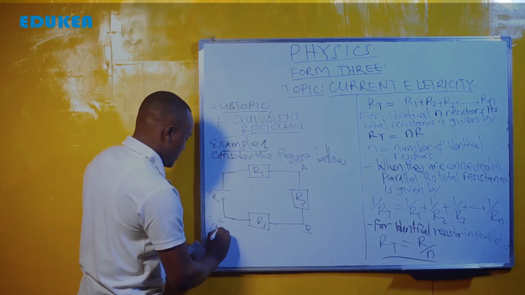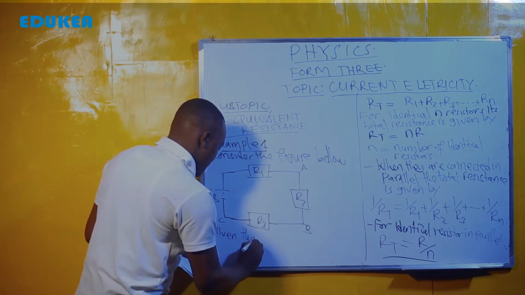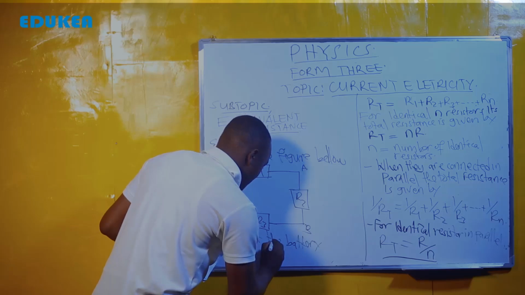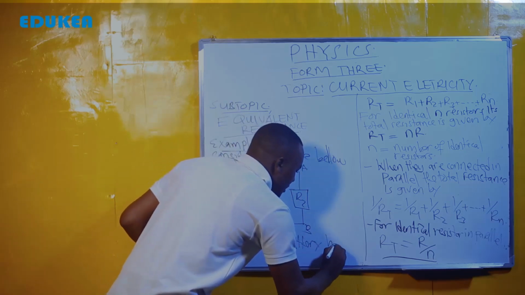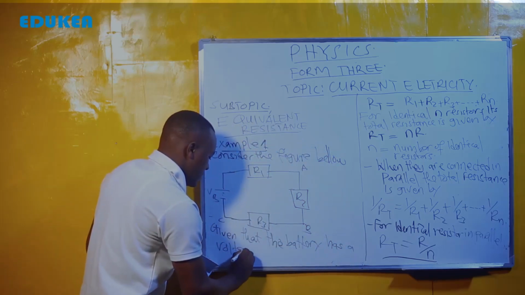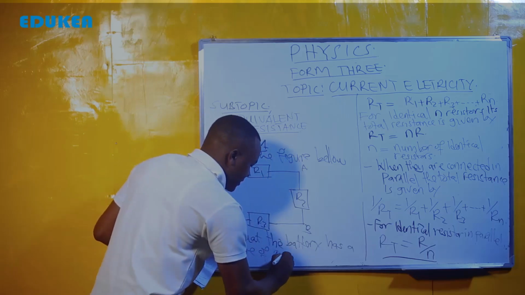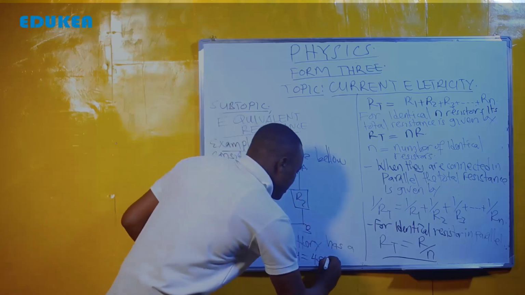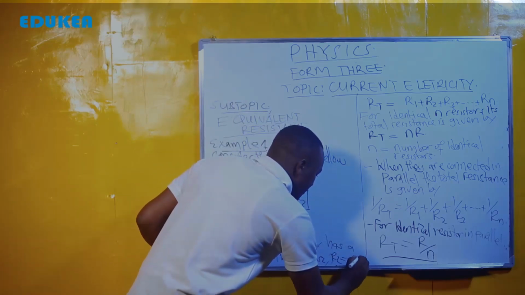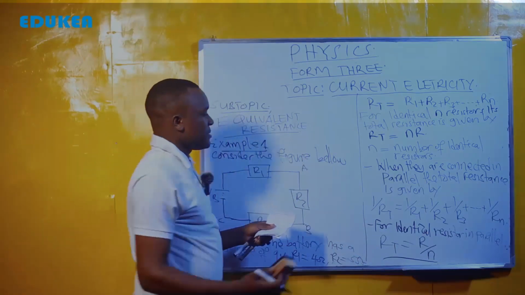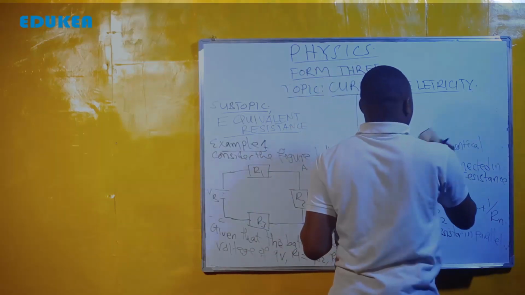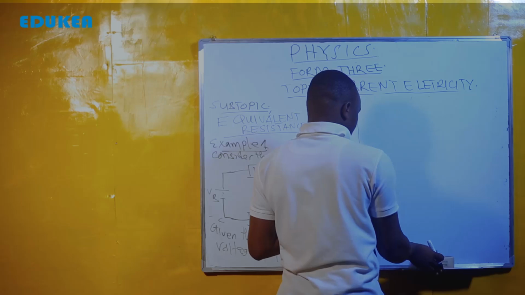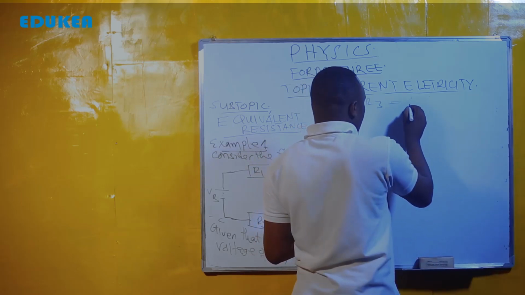So given that the battery has a voltage of 9 volt, and R1 is equal to 4 ohm, R2 is equal to 5 ohm, and R3 is equal to 6 ohm.